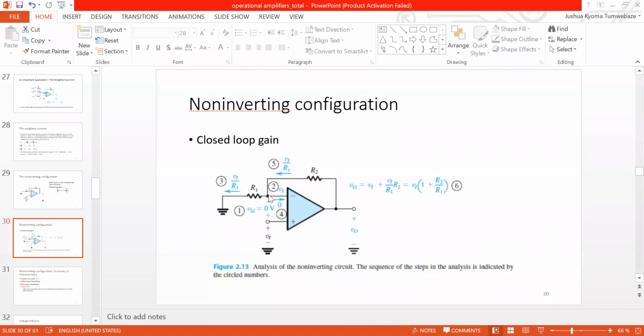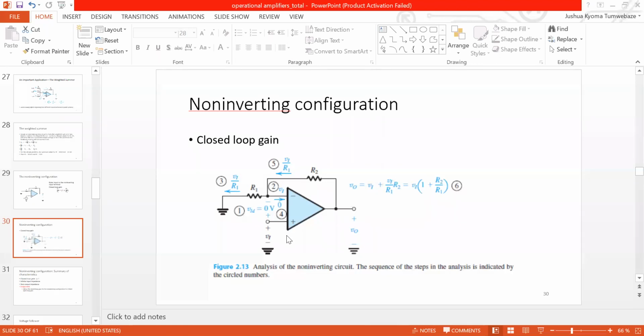But because we have the op-amp there, that voltage is not determined by... You say current division. Current division is for parallel connected elements.